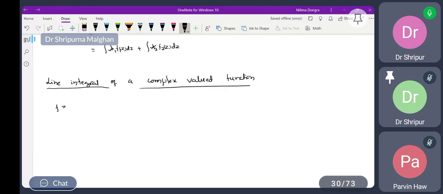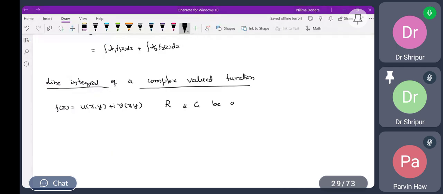Let f of z is equal to u of x comma y plus i v of x comma y be a complex valued function defined over a region R, and capital C be a curve in the region.